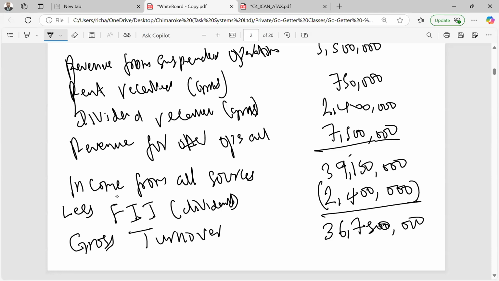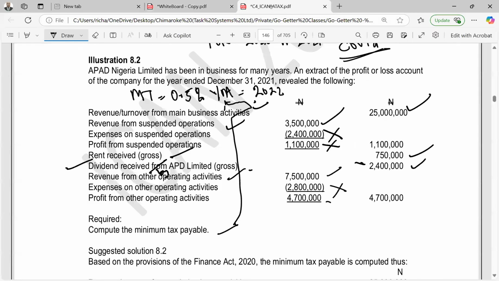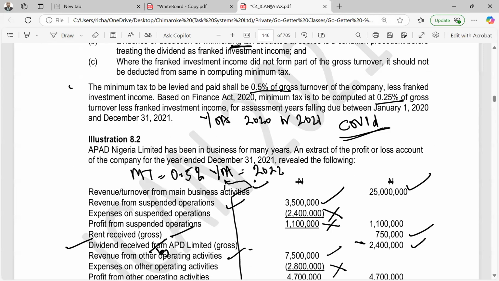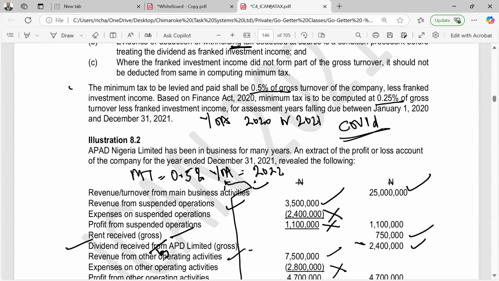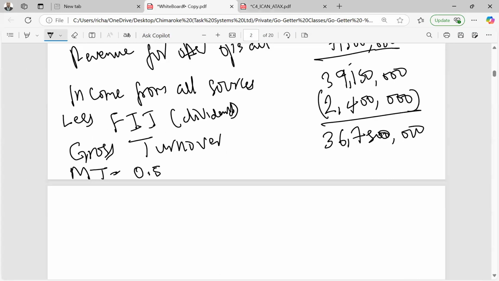Then we are calculating minimum tax, which is 0.5. Is it 0.5? 0.05? Let me confirm. 0.5% of GT.